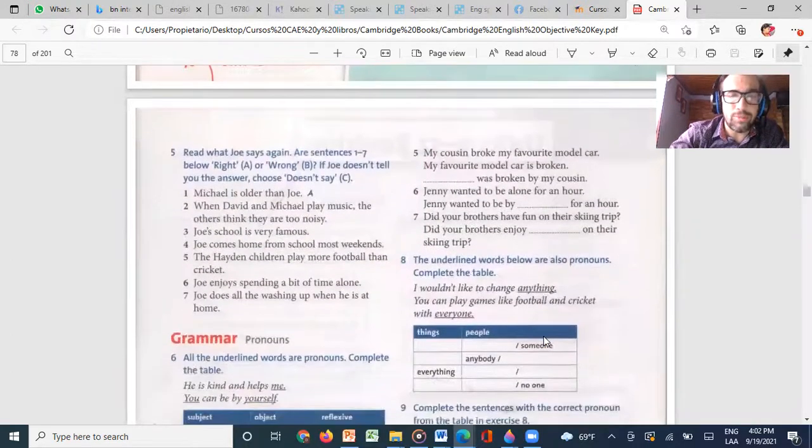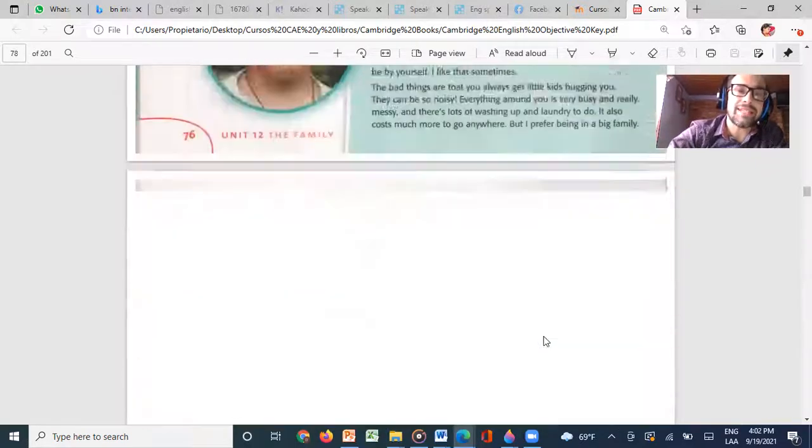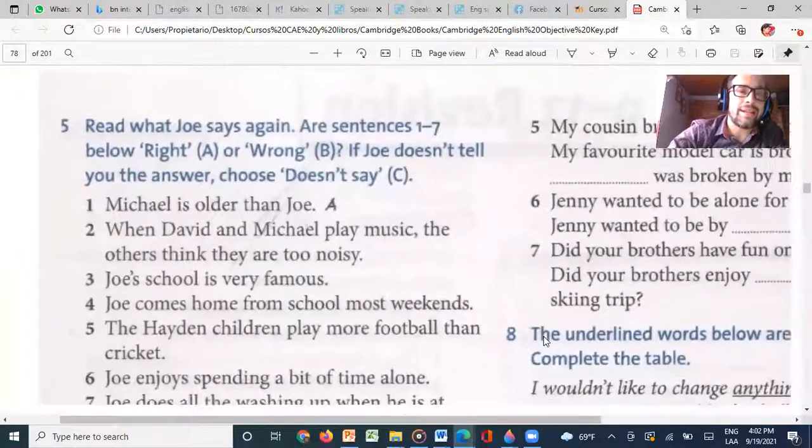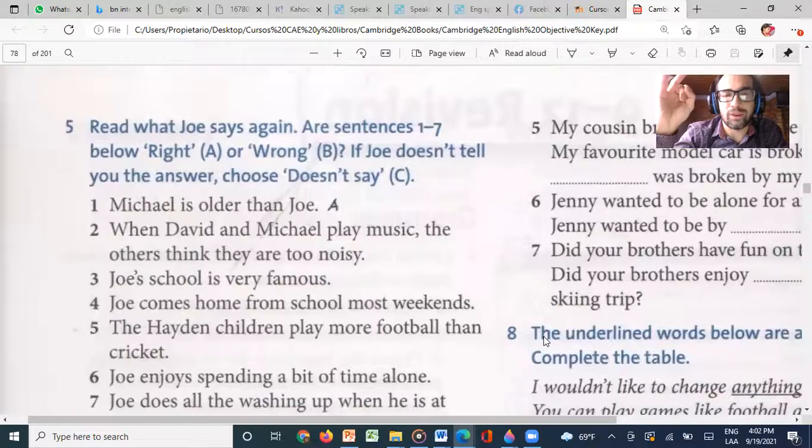But here is the most important part. Based on these two texts, we're going to write right or wrong. Okay. If Joe doesn't tell you the answer, choose doesn't say. So we have three options. A, if it's wrong. B, if Joe doesn't tell, right?